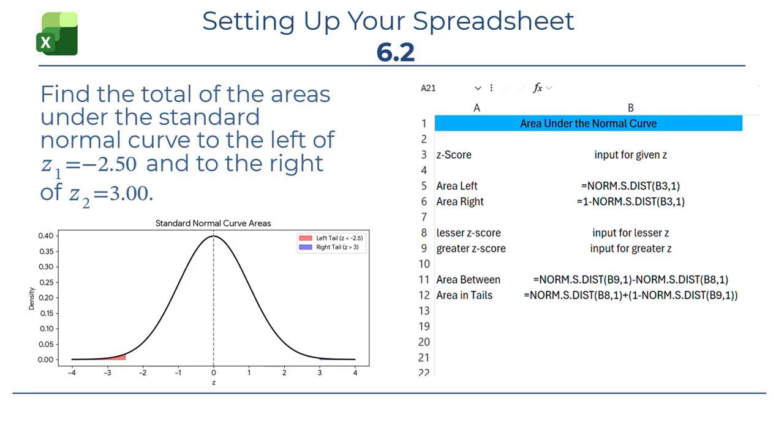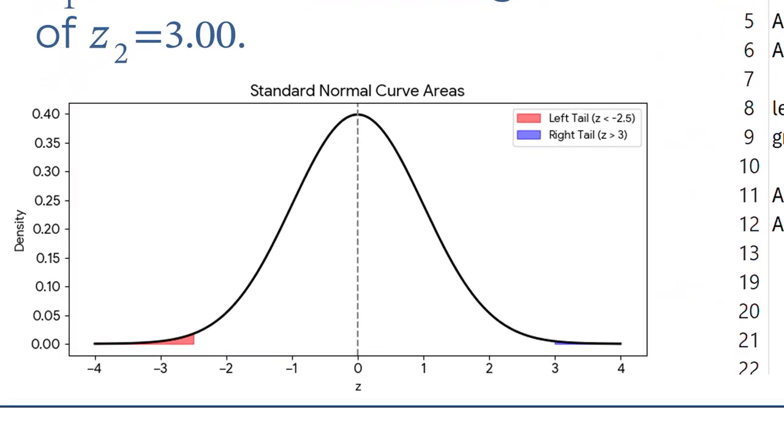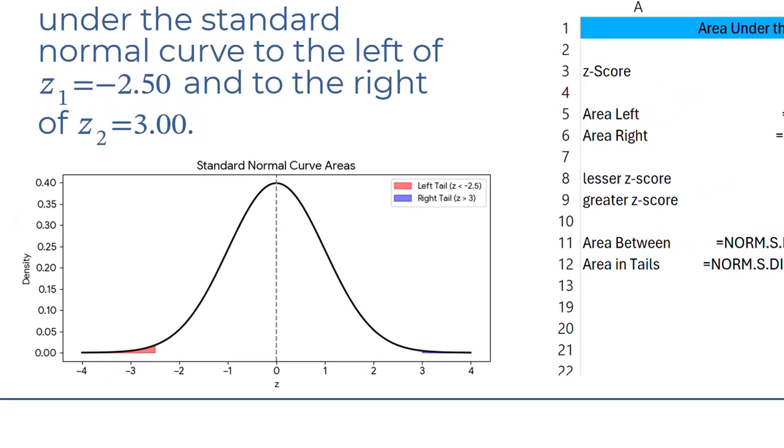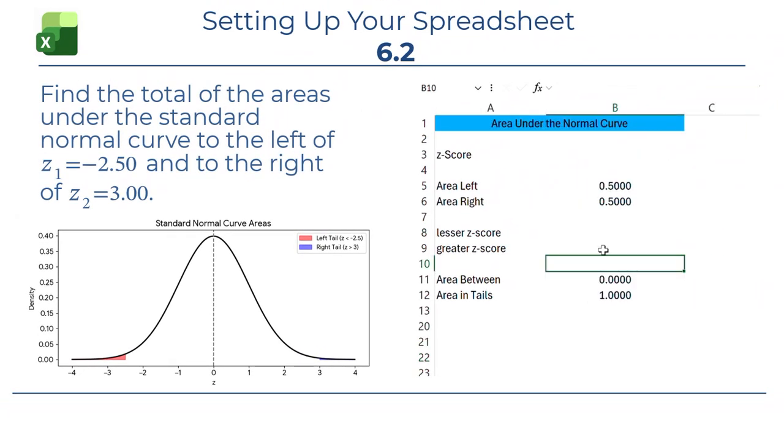So we're going to use this spreadsheet to take a look at the area under the standard normal curve to the left of z is negative 2.5 and the right of z is 3.0. Taking a look at the picture, we can see that this is going to be a very small value. But let's go ahead and use our spreadsheet to verify this.